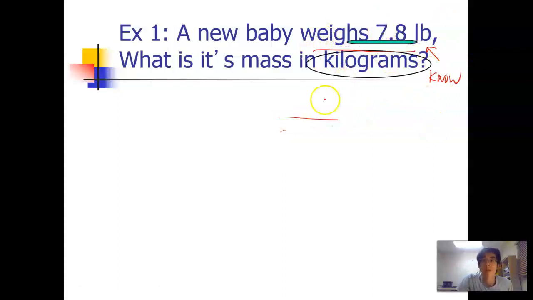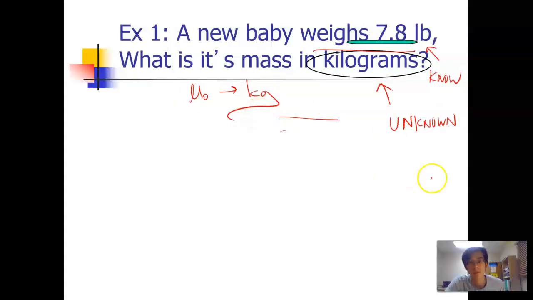Then I'm going to circle what I don't know. So this is the unknown, meaning that I want to convert from pounds to kilograms. Okay.